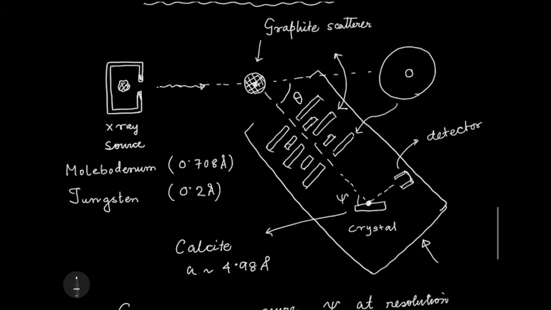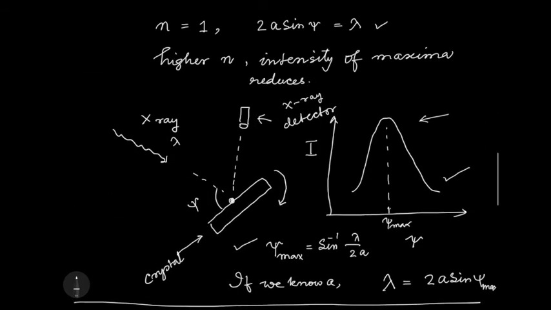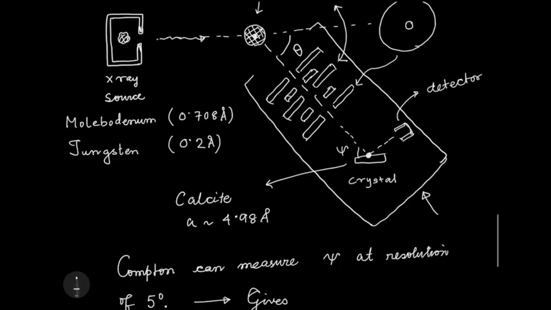Now what is psi? Remember, psi is the grazing angle here, and if I change psi, for different psi I will see different intensity. From that, I will conclude what the wavelength is. The wavelength will be the psi at which the maximum intensity happens. So by changing psi, you can measure the wavelength.